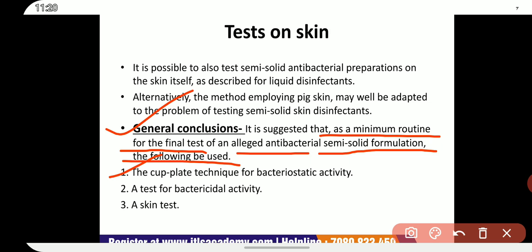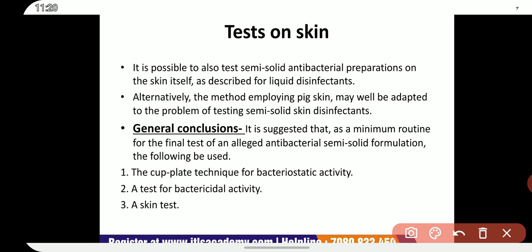First is the cup plate technique for bacteriostatic activity. Second is a test for bactericidal activity. And third point is a skin test.